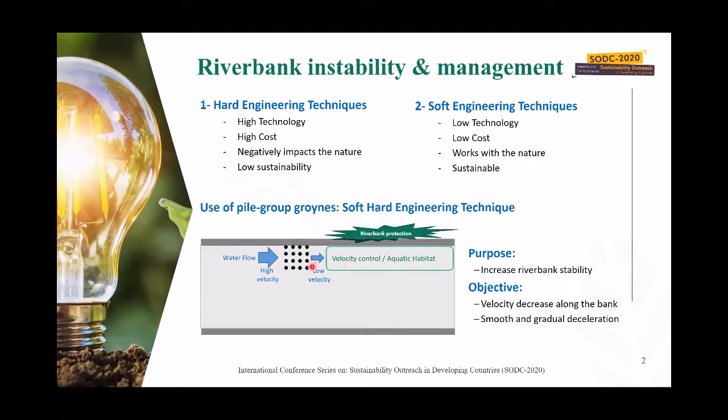This is why this type of structure is categorized as a soft, hard engineering technique, because it does not harm the environment and has a long lifetime of the structure. This is why this structure can be categorized under the sustainable structures for riverbank instability management.